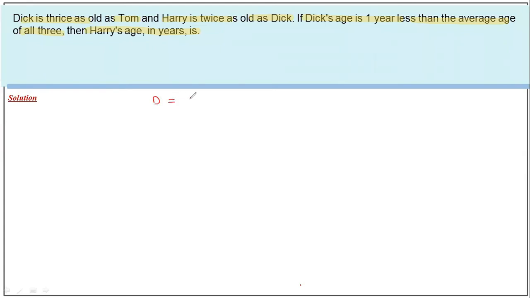So given d is equal to 3t and h equal to 2d.